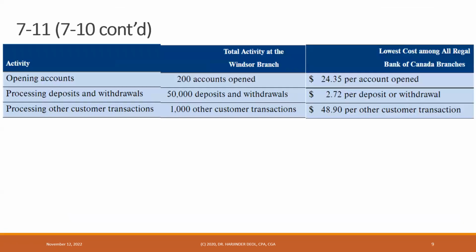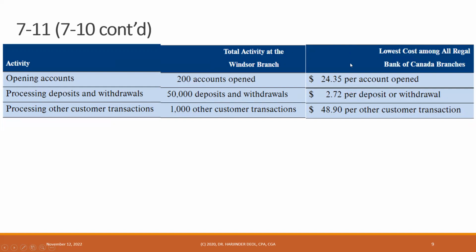The next example continues with the earlier one. And here we are given total activity at the related branch. That branch's name was the Windsor branch. And so this branch opened 200 new accounts, helped process 50,000 deposits and withdrawals for the period, and also processed 1,000 other customer transactions.